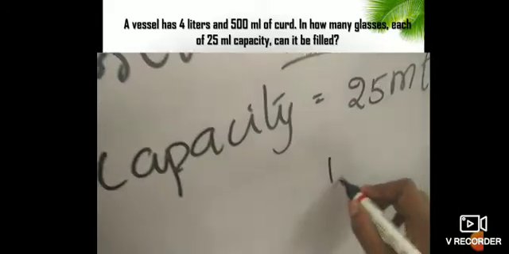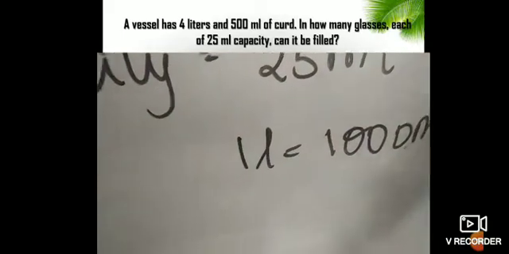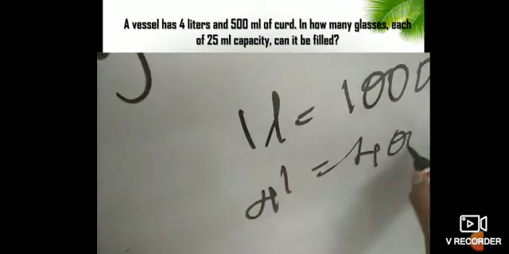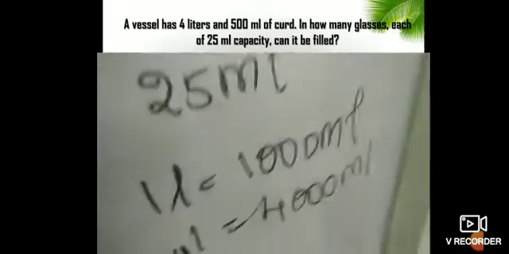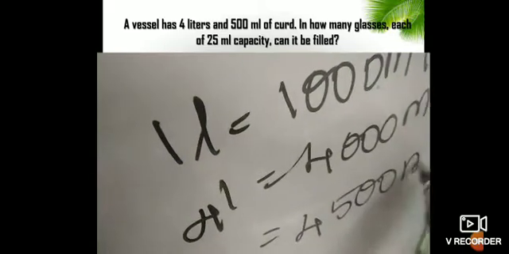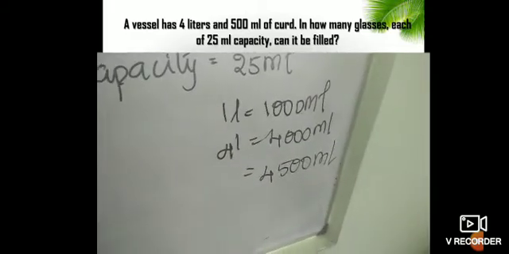So 1 liter equal to 1000 milliliter. So 4 liter equal to 4000 milliliter, right? Then we have to add the remaining milliliter, that is 500. So 4500 milliliter. So how many glasses does it take to fill 4500 ml of curd?